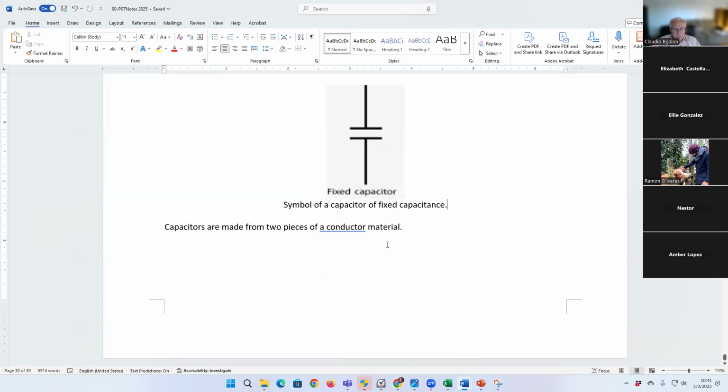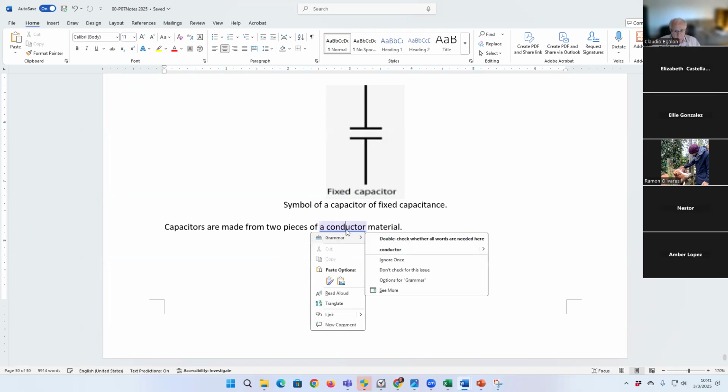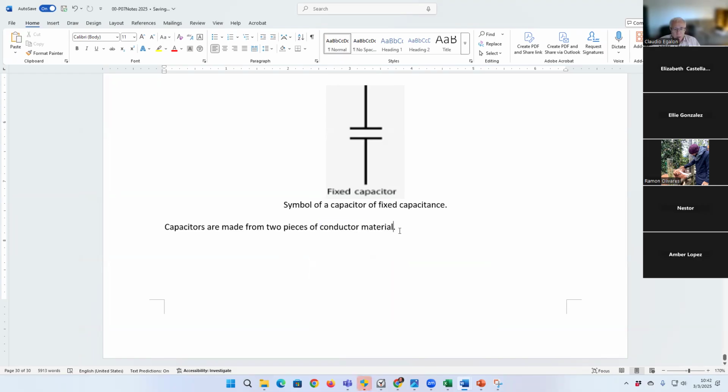I'm made of two pieces of conducting material, conductor material. But there is more. These two conductors must be separated by a dielectric.